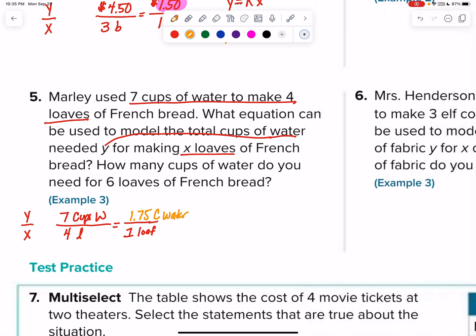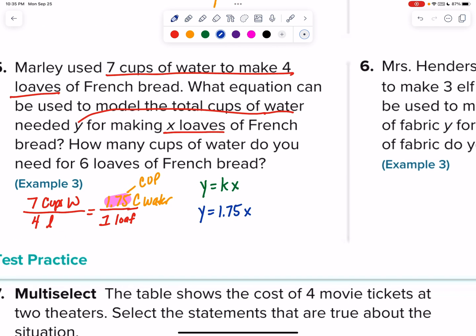So there's my unit rate, which is also my COP. Okay, so let's create our equation. I'm writing the whole template first. y equals k times x. And let's go ahead and plug it in now. So y equals our constant of proportionality times x. So there's our equation.